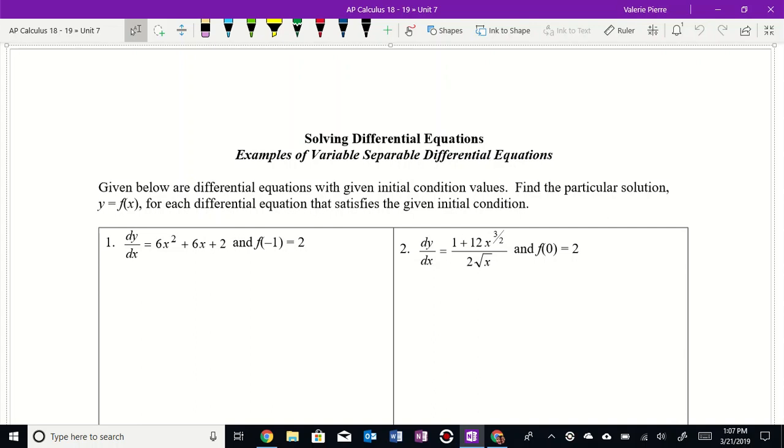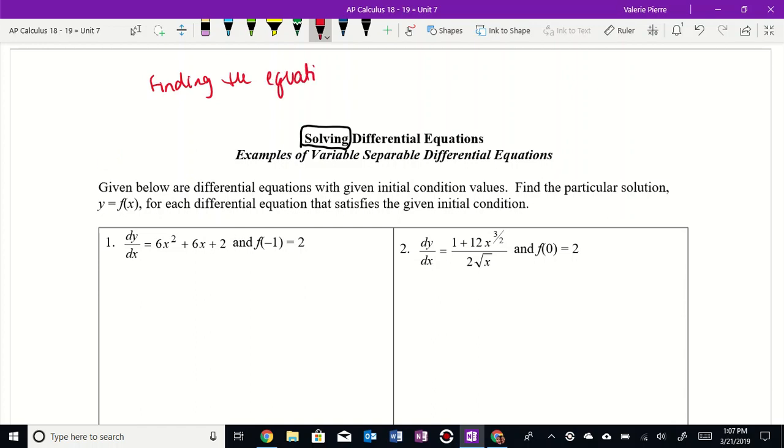So solving differential equations, this word solving means that we're finding the equation of which the differential equation is the derivative.